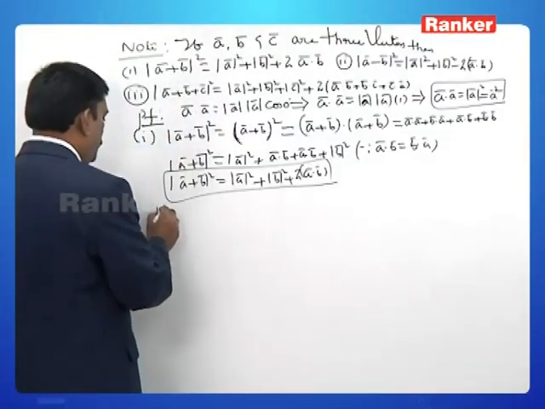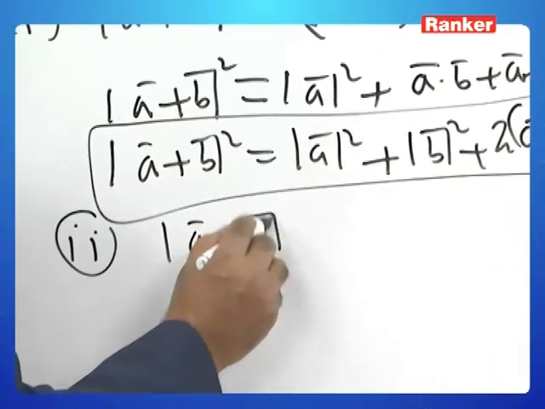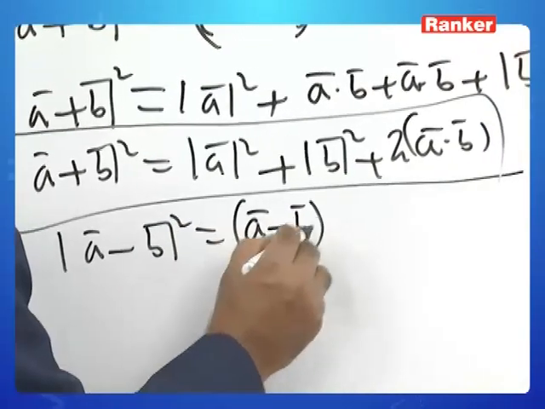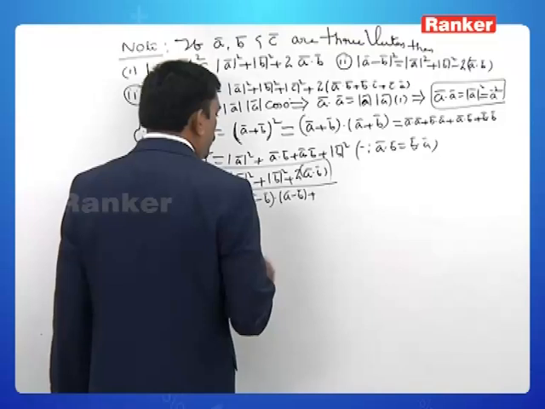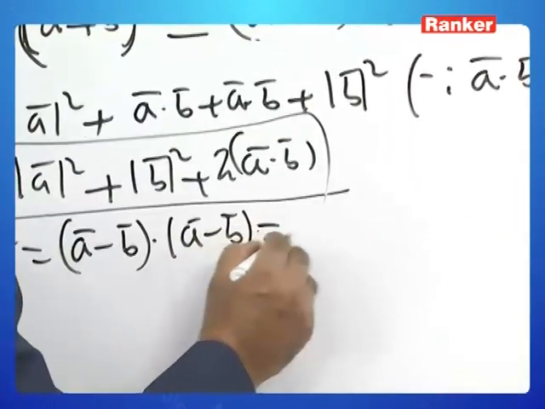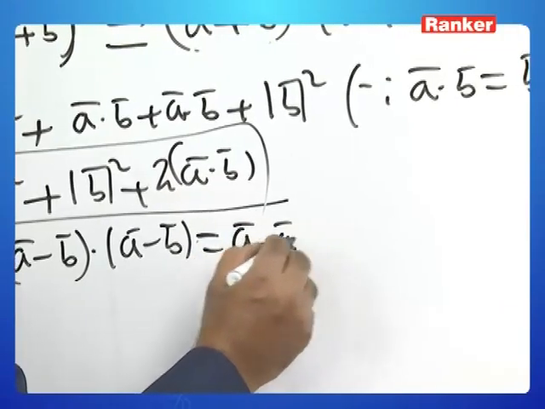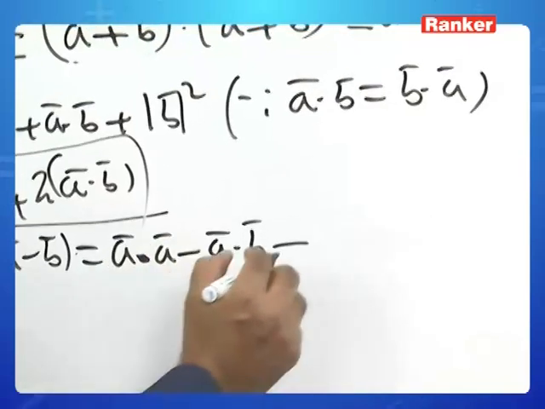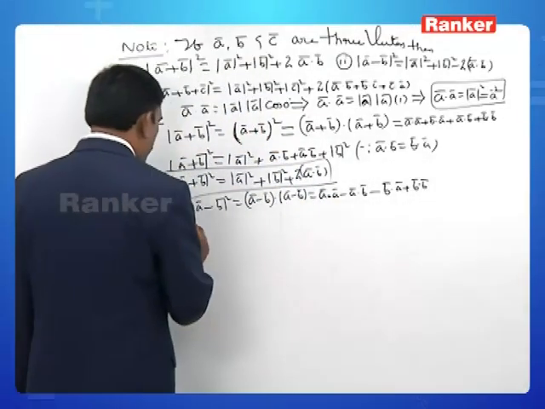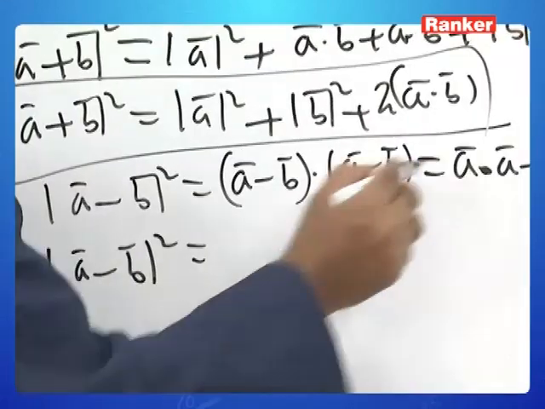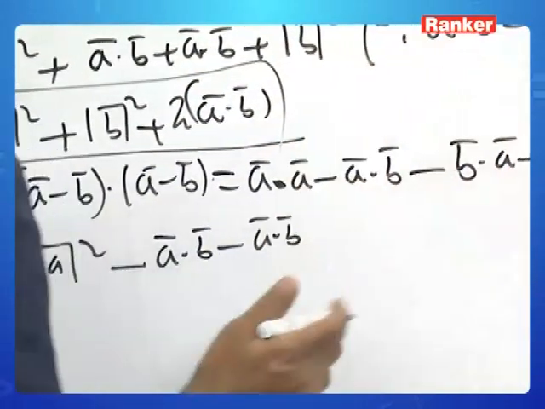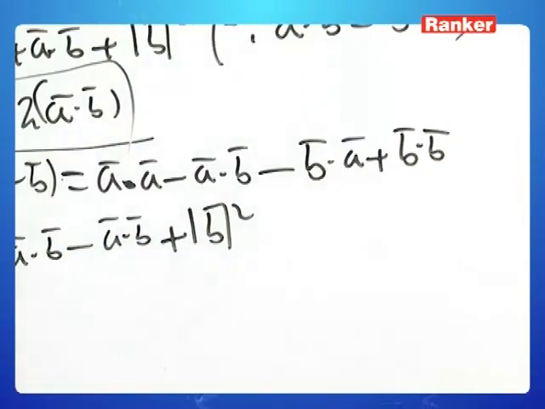In the same way, modulus of A bar minus B bar whole square can be written as A dot A minus A dot B, B dot A plus B dot B, which is nothing but mod A whole square minus A dot B minus A dot B, since A dot B is equal to B dot A, plus modulus of B whole square.